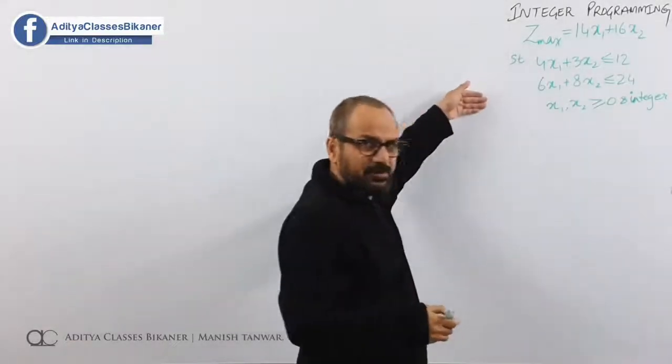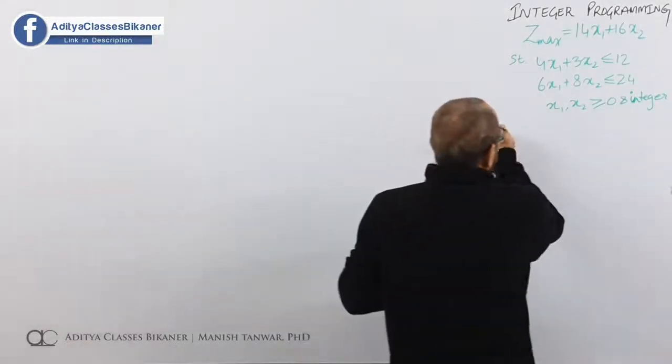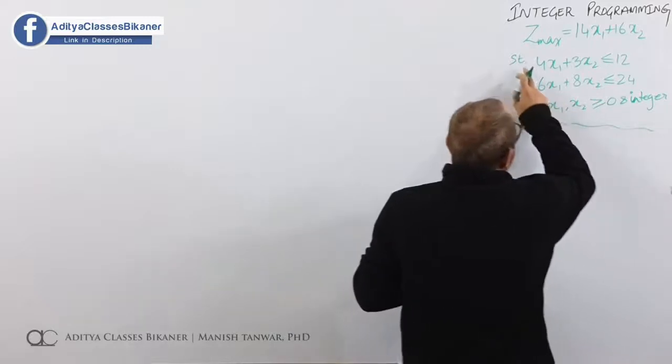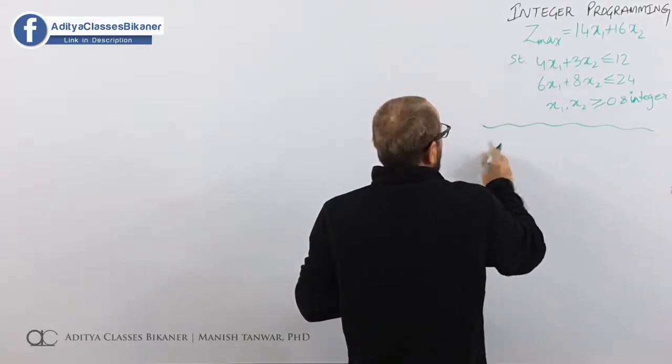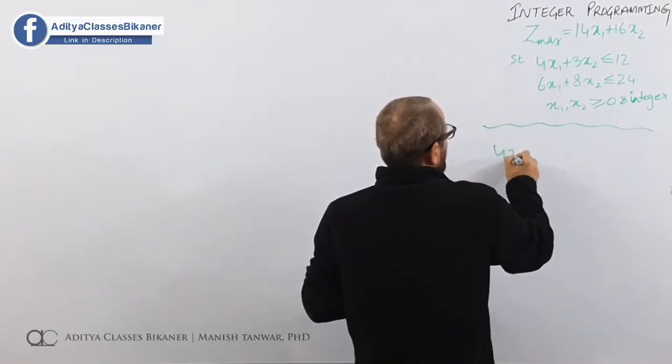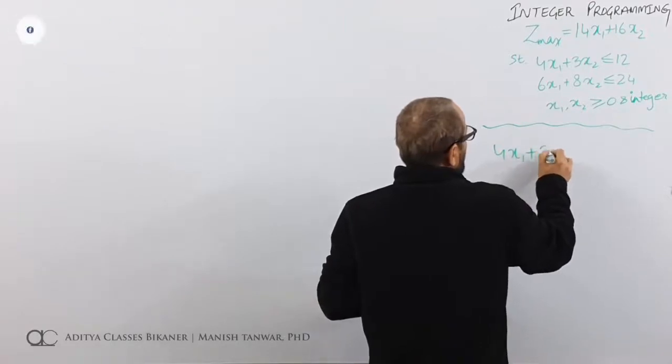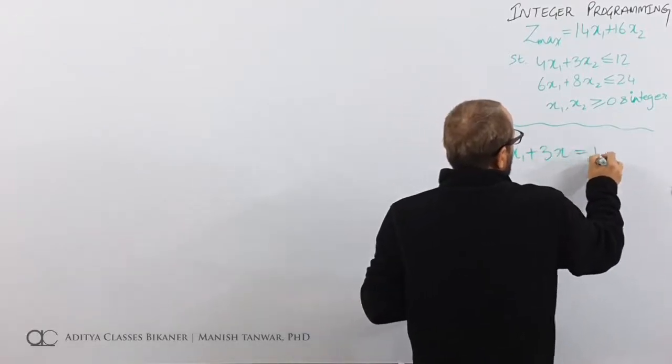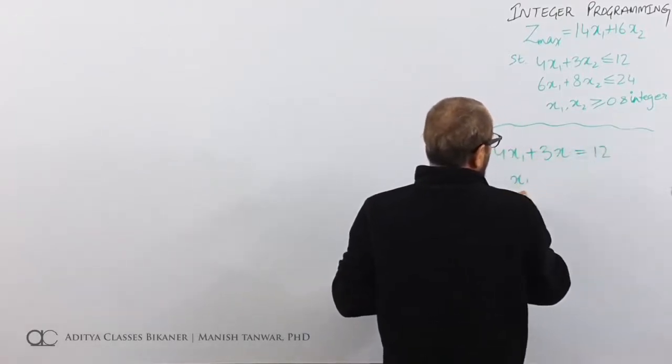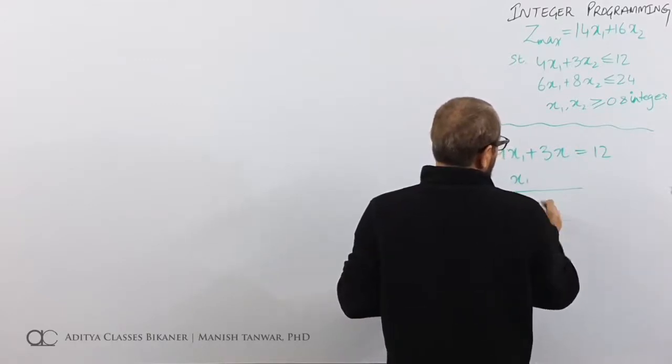If this had to be solved using graphical approach, first of all we need to convert these inequalities into equalities and then find out coordinates where we could plot them. 3x2 is equal to 12, giving me x1 and x2.